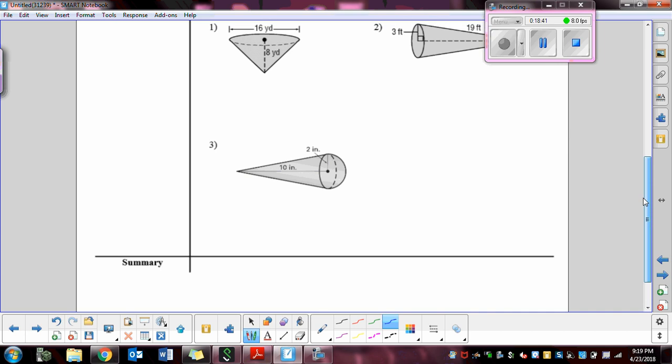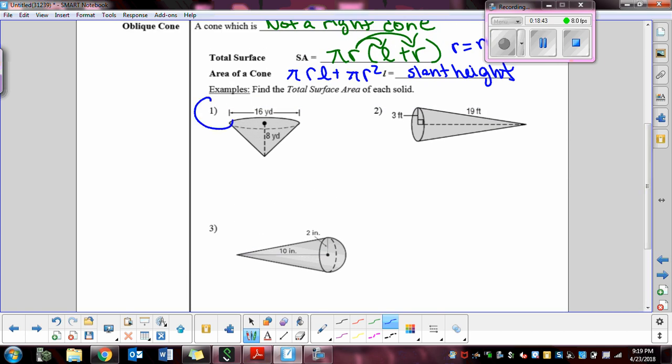All right, let's try one of them. Let's try number 2. You guys could do number 1 for me. Number 2, well, let's plug it in. I'm going to first write down my surface area formula: pi R L plus pi R squared.